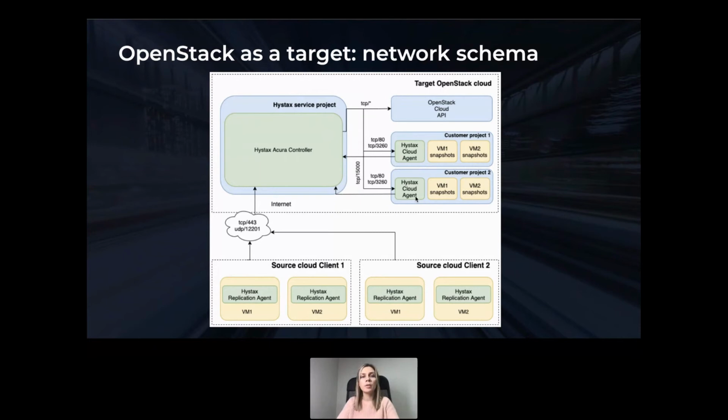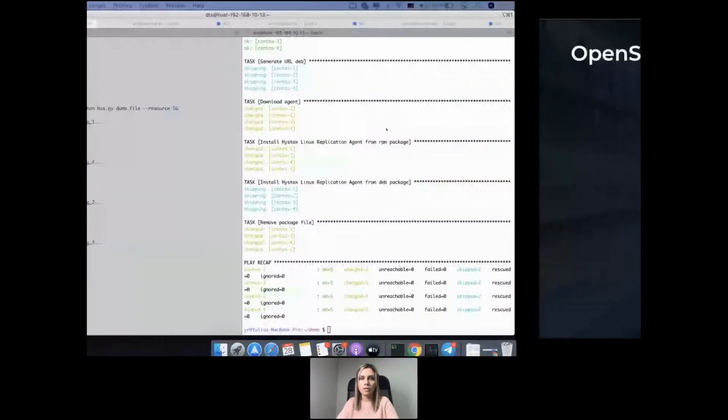And to get the update from the main controller, Acura Cloud, Hystax Cloud Agent needs this port to be open to actually get the update. Yeah, looks like I've already mentioned all the ports, and let's check the installation process.